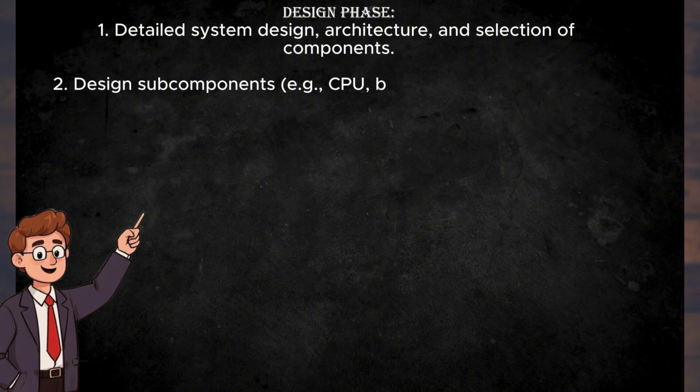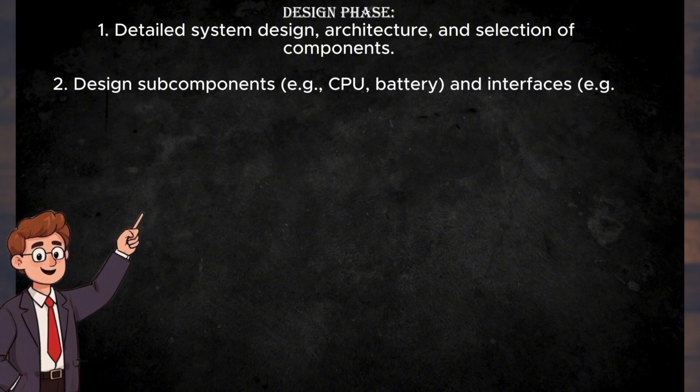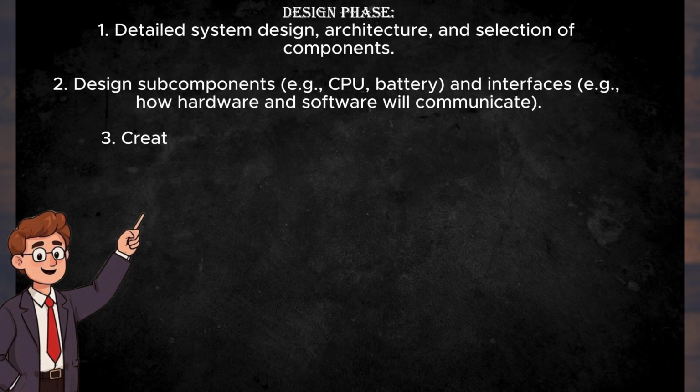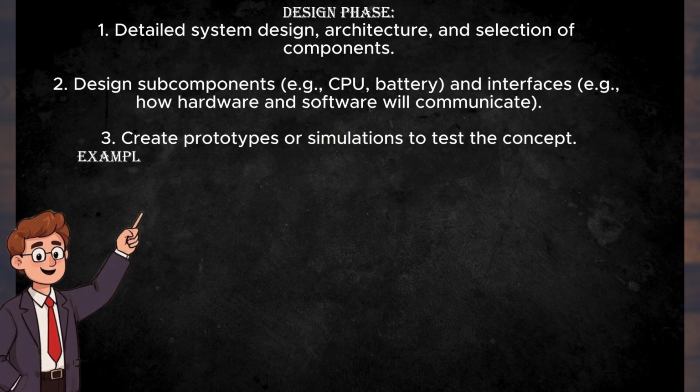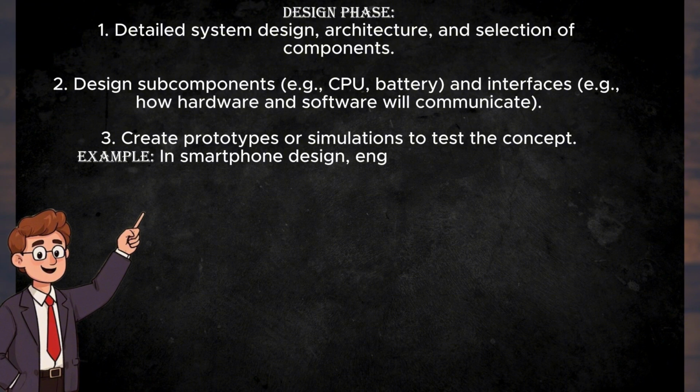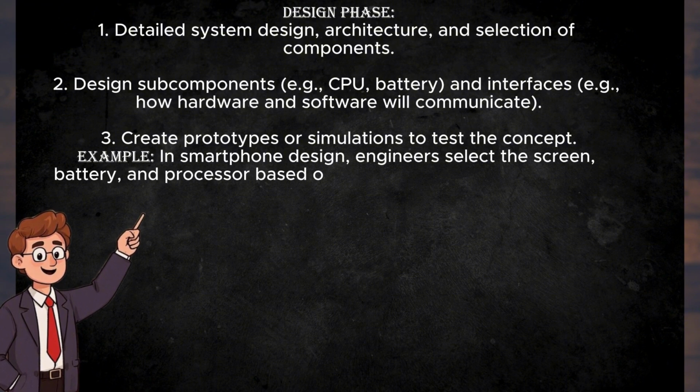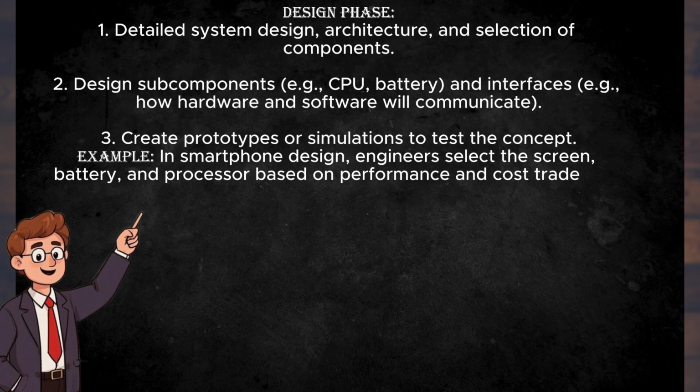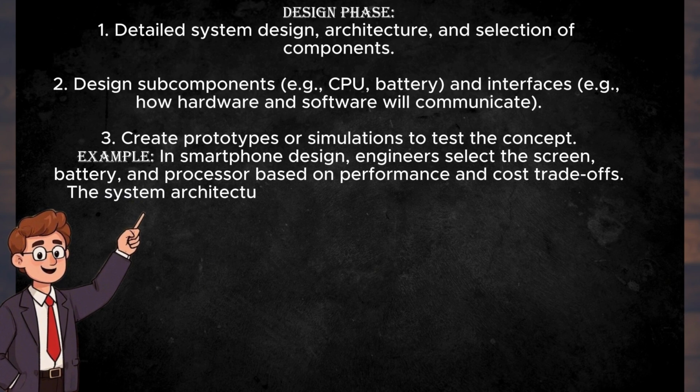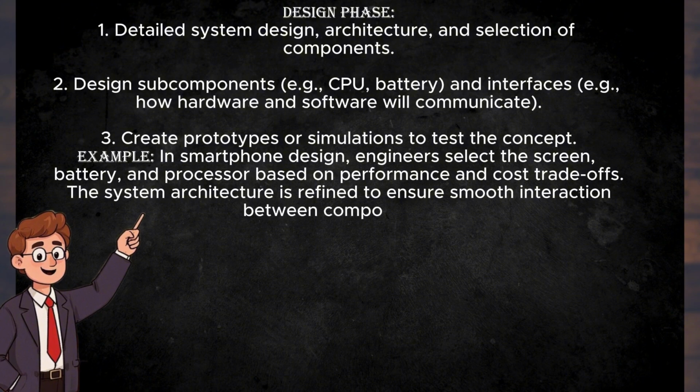Design subcomponents, e.g., CPU, battery, and interfaces, e.g., how hardware and software will communicate. 3. Create prototypes or simulations to test the concept. Example: in smartphone design, engineers select the screen, battery, and processor based on performance and cost trade-offs. The system architecture is refined to ensure smooth interaction between components.